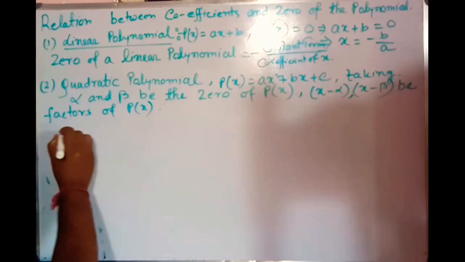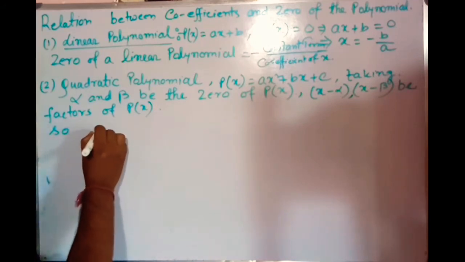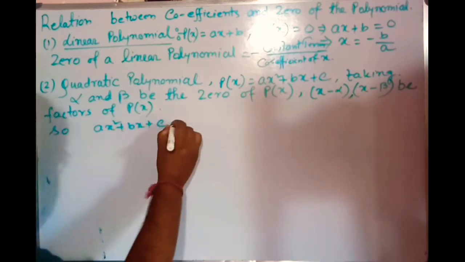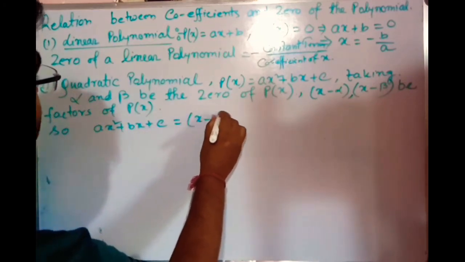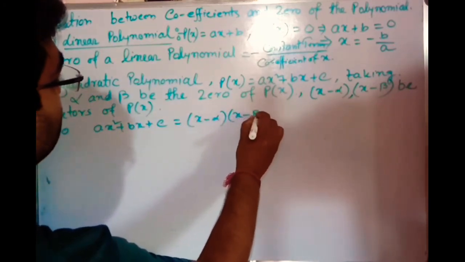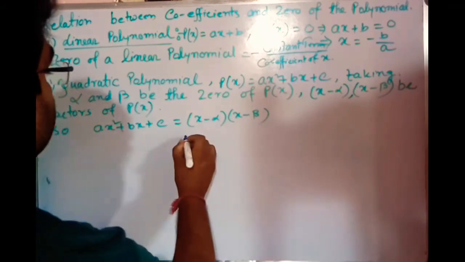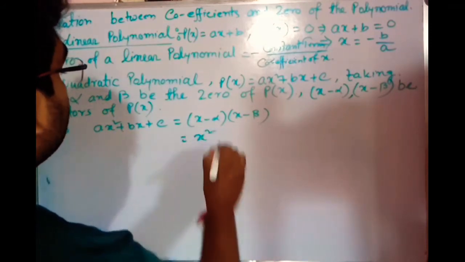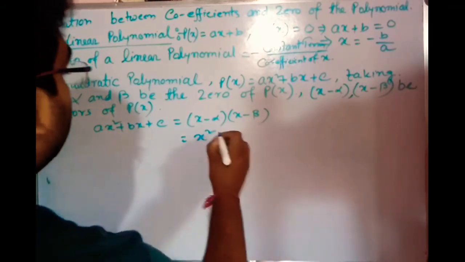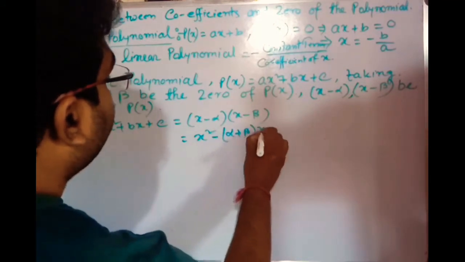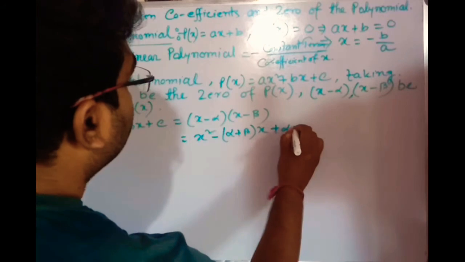So ax square plus bx plus c equals x minus alpha into x minus beta. If we multiply it, what are we getting? x square minus (alpha plus beta) x plus alpha beta.